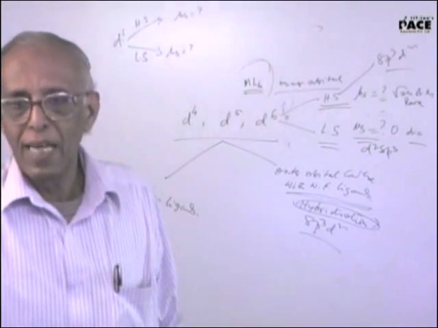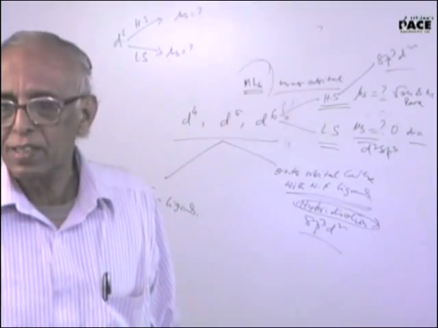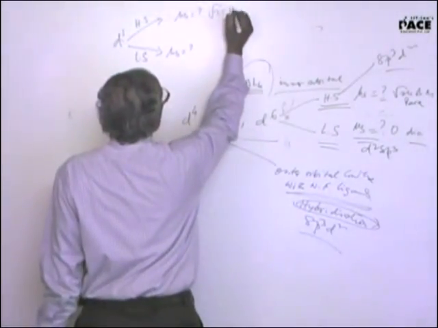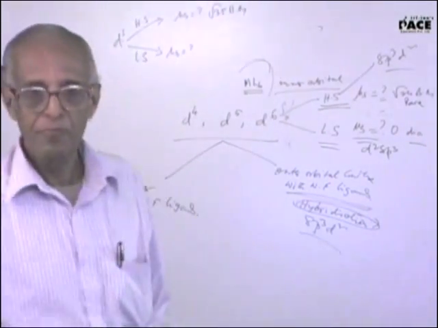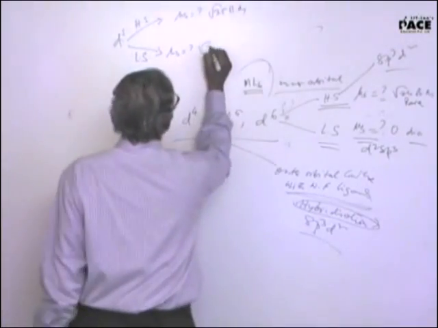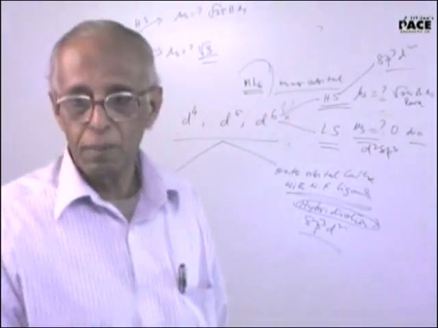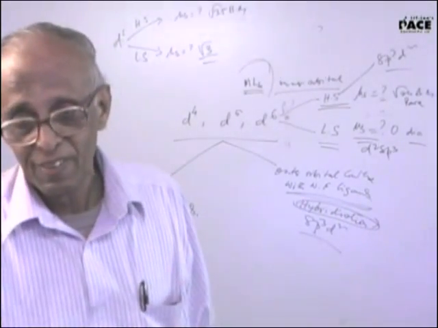You have 5 electrons, 5 boxes, 5 unpaired electrons. So root 35. What is the mu value for low spin? 1.73. So you see, you can differentiate by measuring magnetic moment: 1.73 and root 35 Bohr magneton.